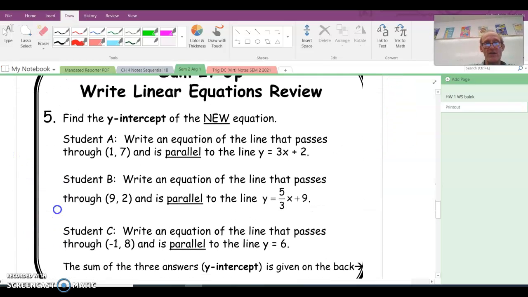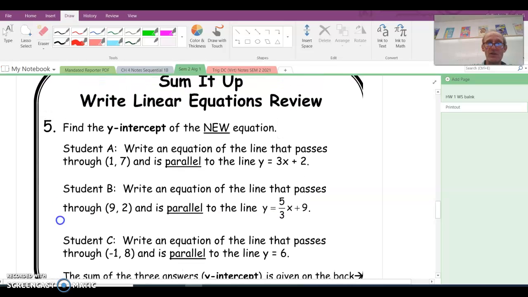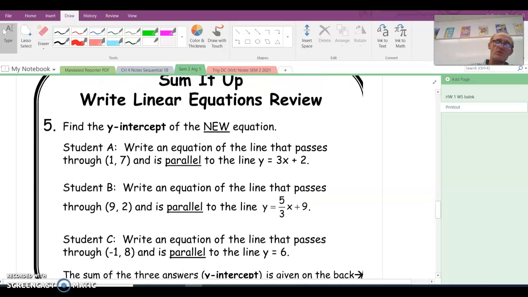Now number 5, it says find the y-intercept of the new equation. So you have to get this into slope-intercept form by using a point and the slope, because they are parallel. For this problem, you will need to write it in point-slope form.